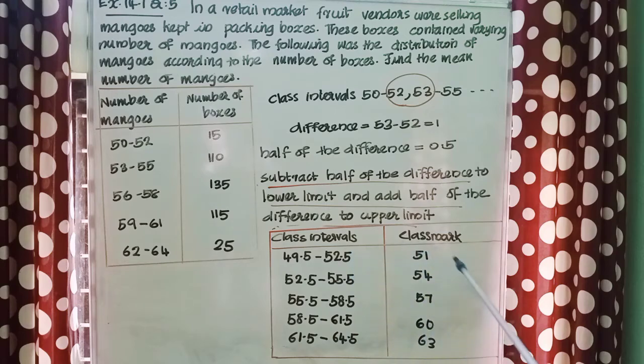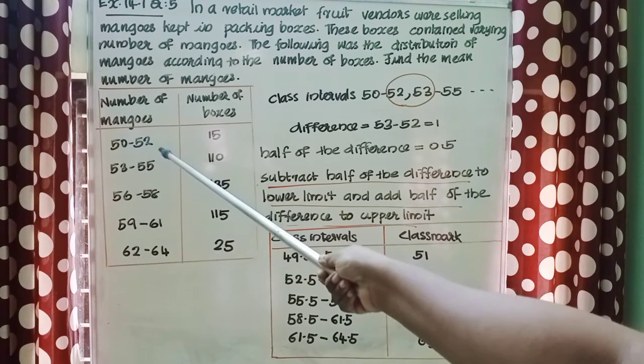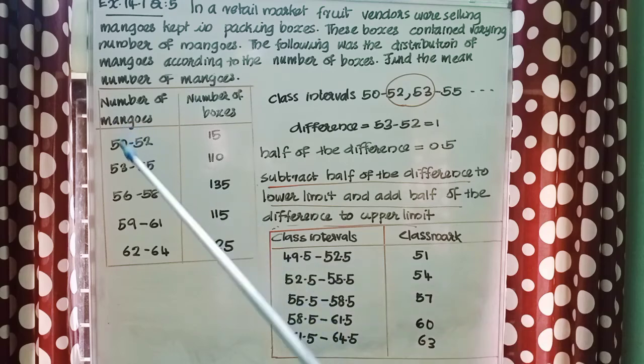Here you see, if we find the class mark, meaning middle value, for 50 to 52 the middle value is 51. How can we find it? Add these two numbers and divide by 2. There also we get 51.